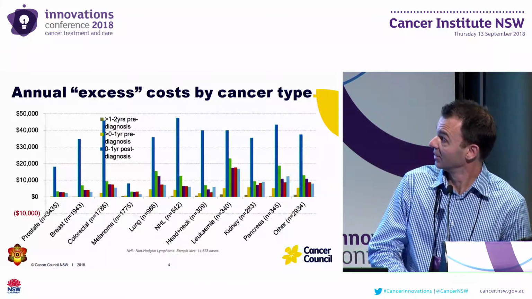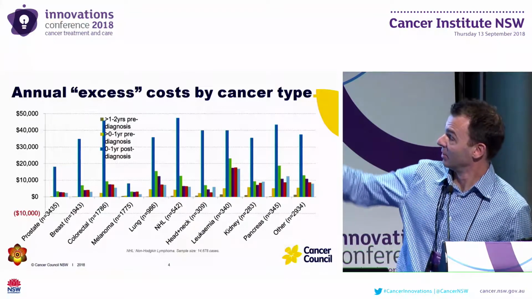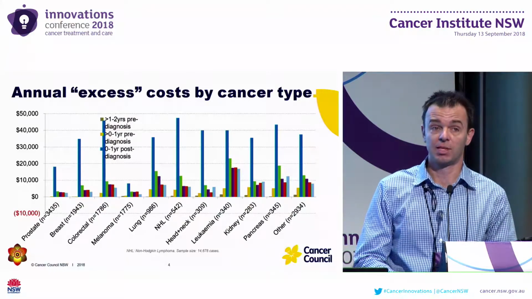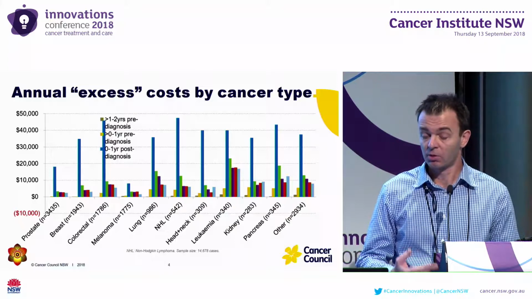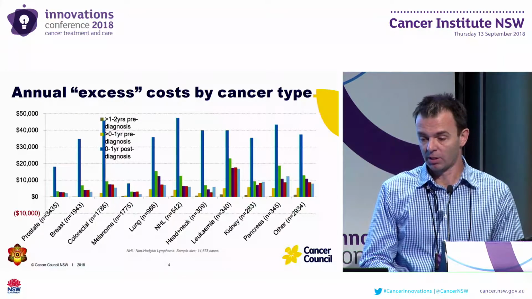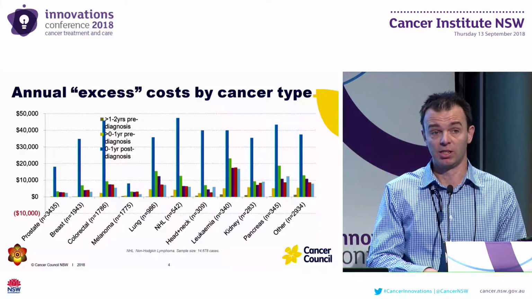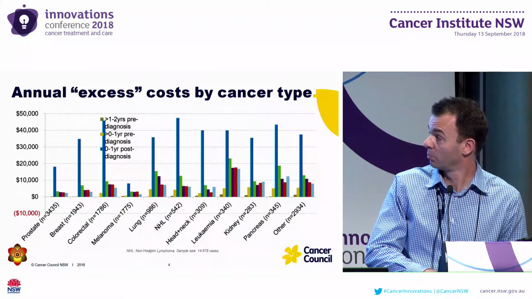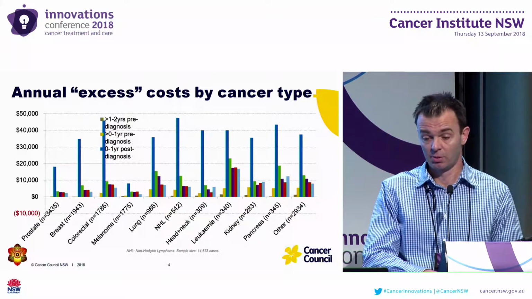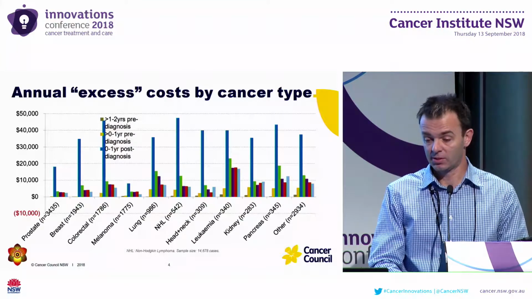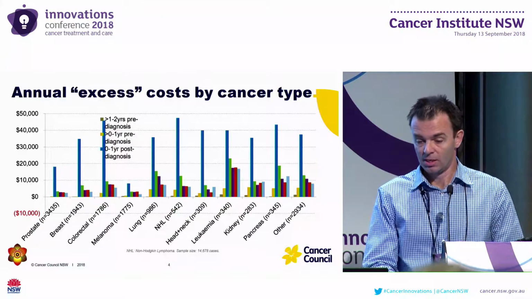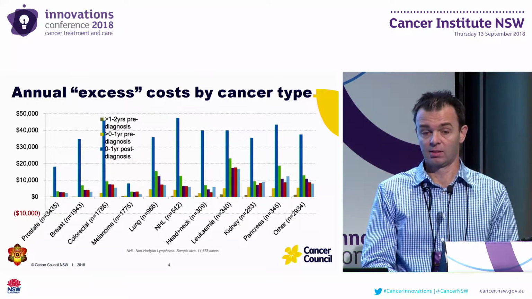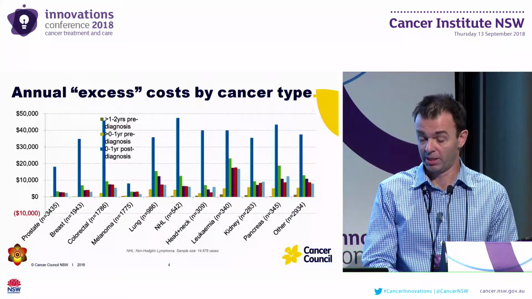The subsequent years after that, you can see the costs drop off, but really the largest costs through the whole cancer journey is the first year after diagnosis. We can see that there is some variation by cancer type. Prostate and melanoma both had relatively lower costs. For all the others, it was up in the order of around $40,000 in the first year after diagnosis. And that's the cost to the health system per patient.